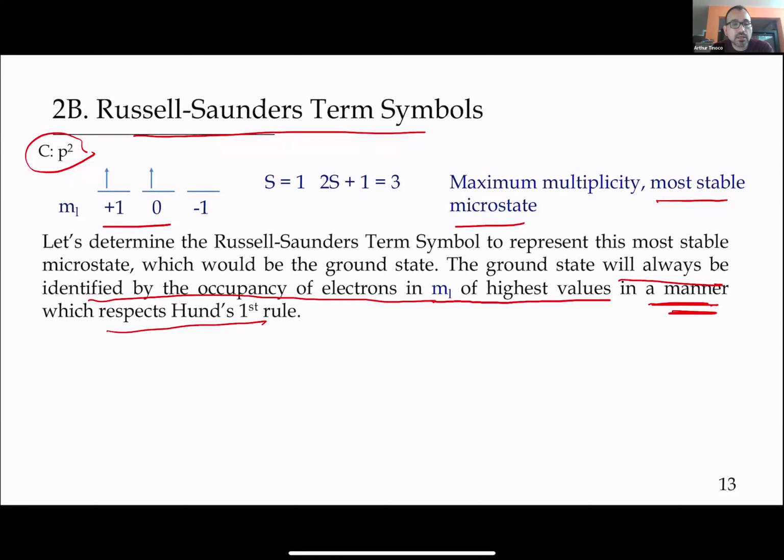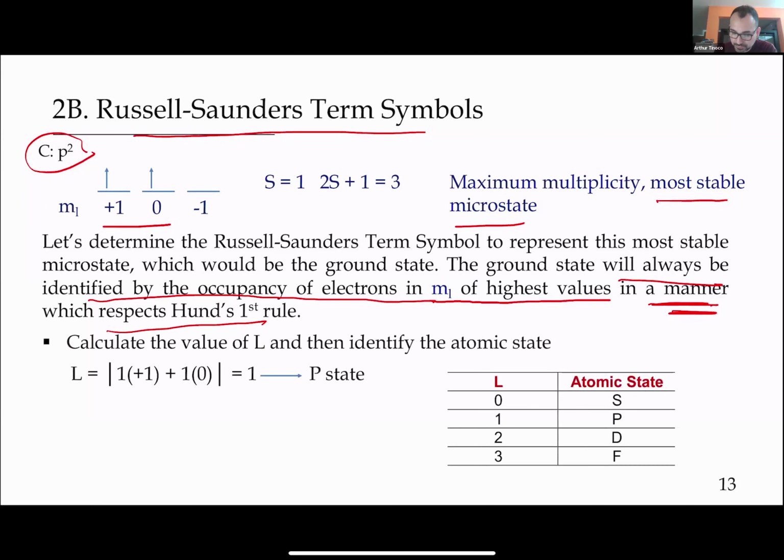All right, so now I'm going to show you then how we represent this in terms of a term symbol. So the first thing we need to do is we have to calculate what the value of L is. So here we have exactly 1 electron in the M sub L plus 1. And we're going to sum that with the 1 electron in the M sub L of 0.